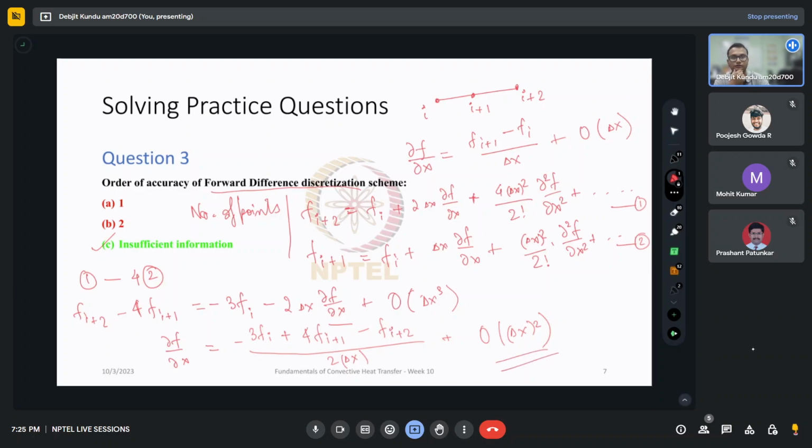So I could use 2 points and get first order accurate. So it could be option A, could be option B, depending on the number of points used. I can use even more points to get even more order of accuracy, right? So in the absence of that information, you cannot really say what is the order of accuracy of any forward difference scheme. So the number of points is the insufficient or missing information here. Am I making sense?